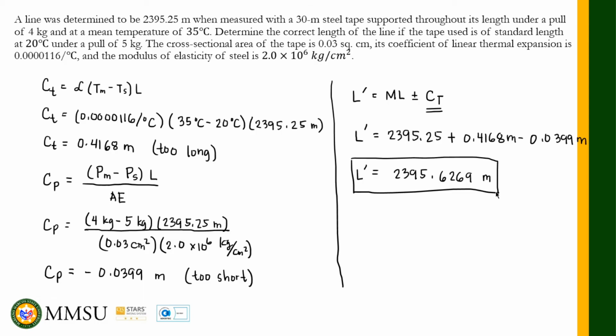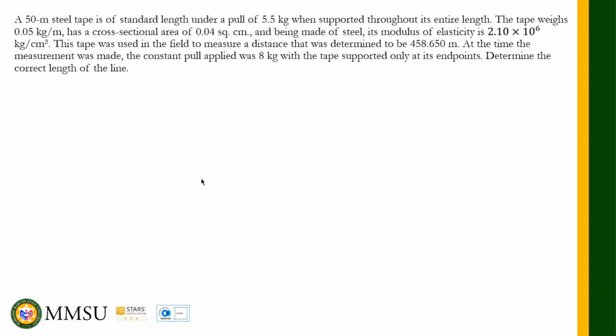Okay, so this is our last example on combined corrections. A 50-meter steel tape is of standard length under a pull of 5.5 kg when supported throughout its entire length. The tape weighs 0.05 kg per meter, has a cross-sectional area of 0.04 square centimeters, and being made of steel, its modulus of elasticity is 2.10 times 10 raised to 6 kg per square centimeters.